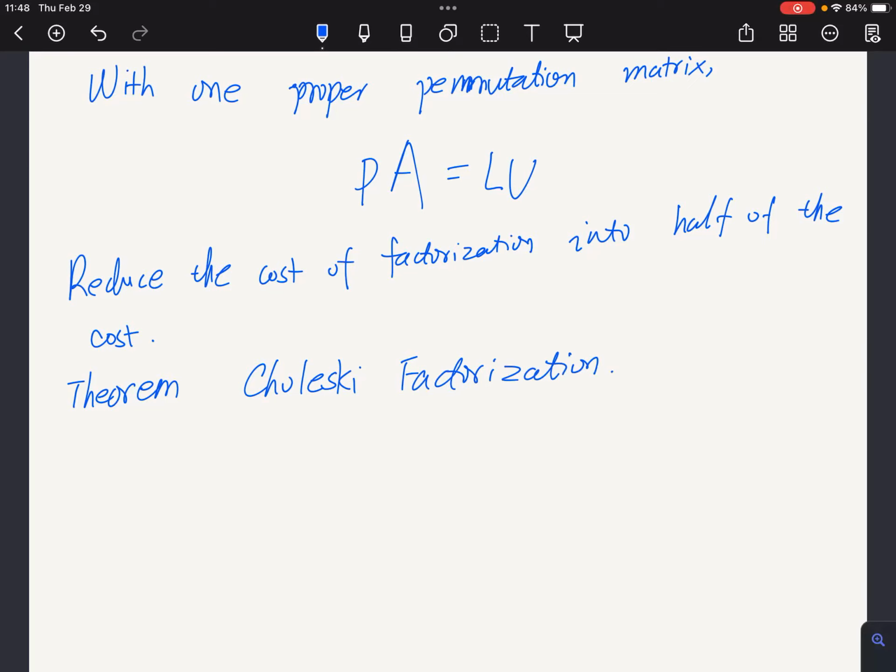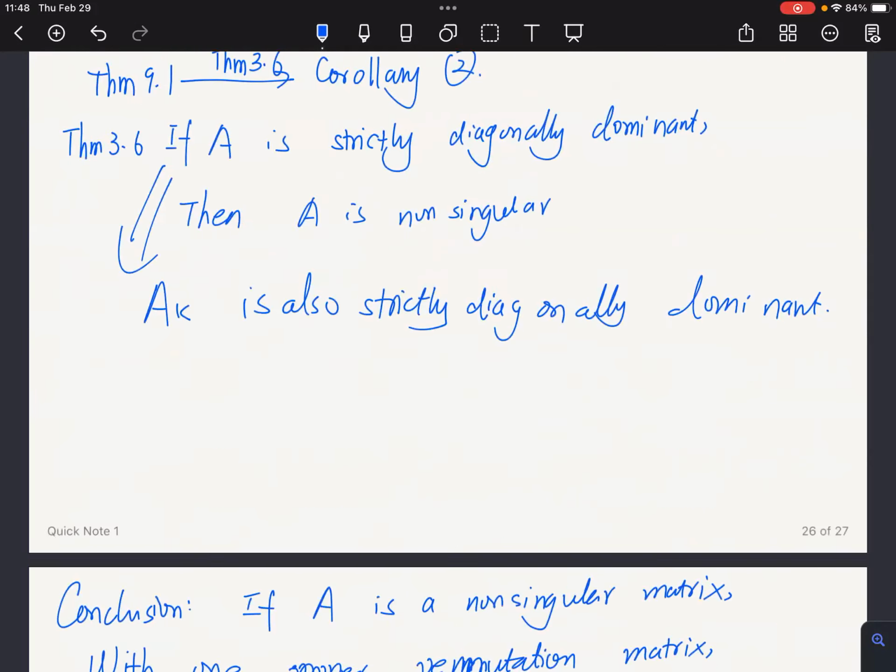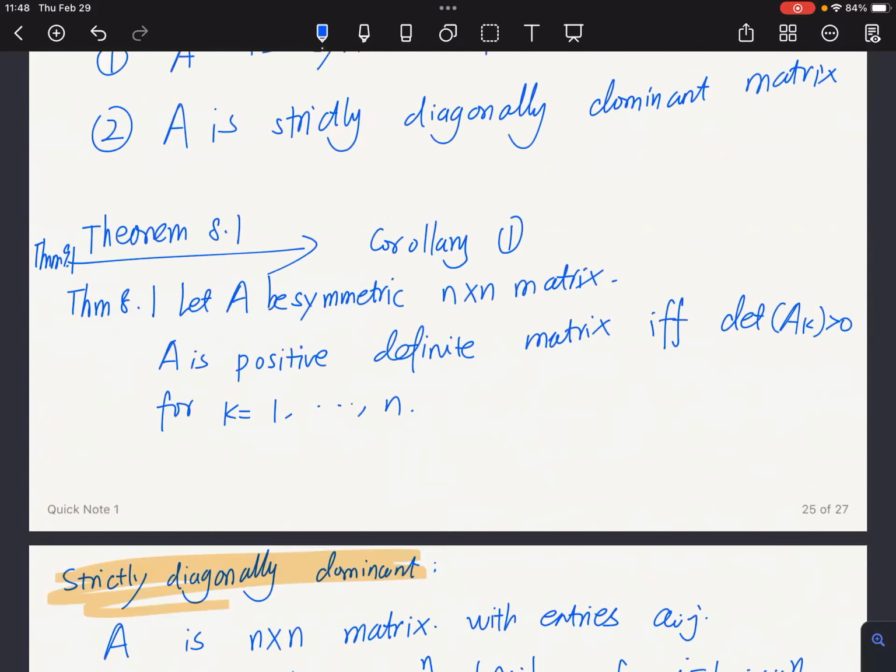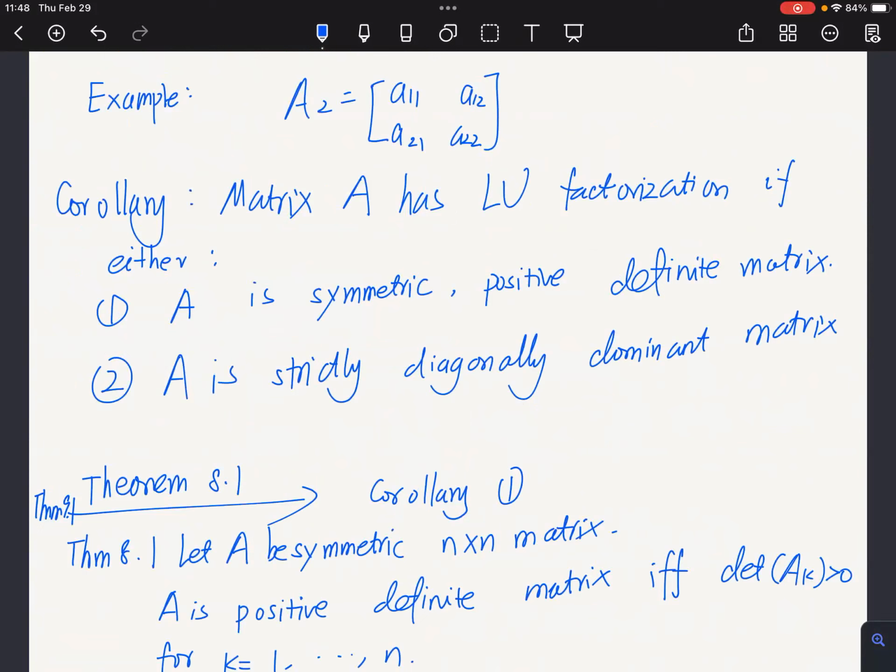But here in the Cholesky factorizations, we don't have the general things. So if you take a look at the corollary here, the matrix could be not symmetric, it could be just strictly diagonally dominant.